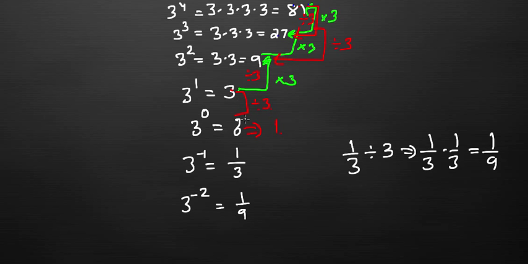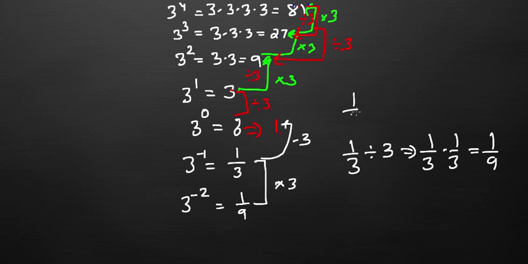So by this sequence, we came to know that 3 raised to 0 power is actually 1, and then you can go upward from here and justify the answer again. To go from here to here, you're multiplying by 3. So again, to go from 1/3 to here, you're multiplying by 3.